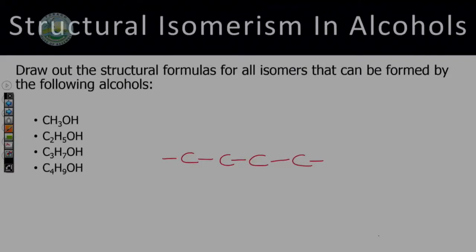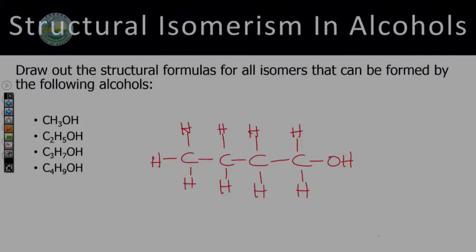All right, and we know that there must be an OH group present. So we begin by drawing in this way, and we make sure that our carbons have all 4 bonds facilitating them. So we're putting our hydrogen, and we are going to find out how many isomers we are going to get from the 4 carbon alcohol.